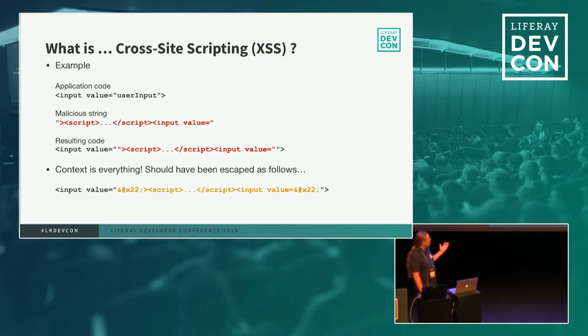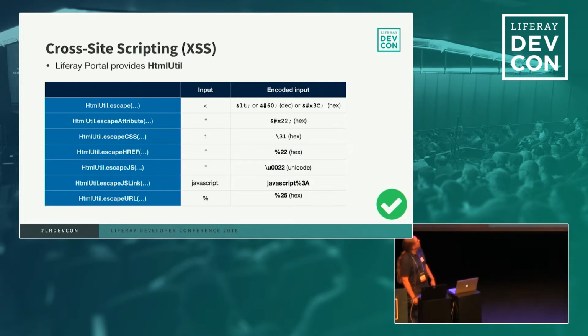So you need to escape it appropriately. And you need to know the context, which is attribute in this case. The quotation marks get escaped with these hash x22 sequences. That ensures that the whole string is contained within the attribute. So in Liferay, we have HtmlUtil to help you protect against this.